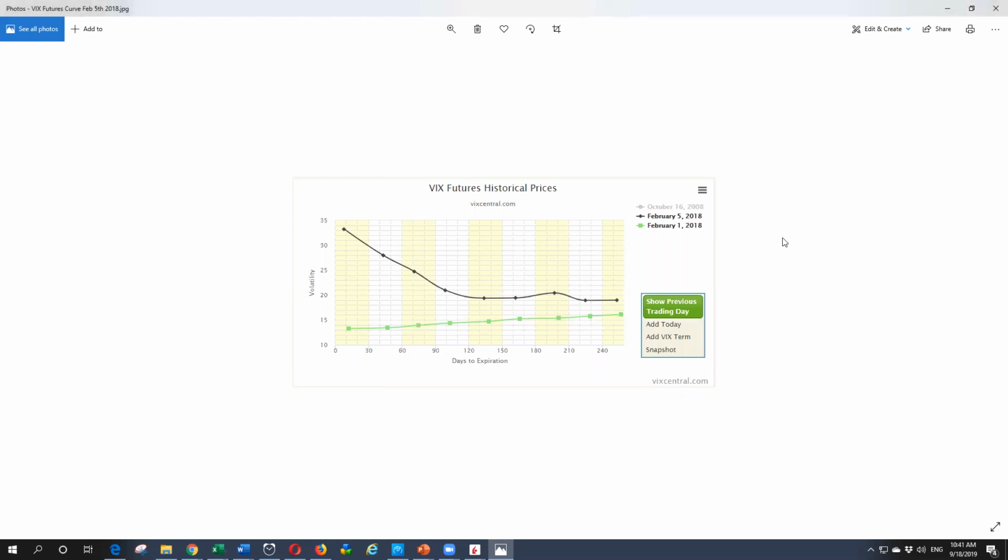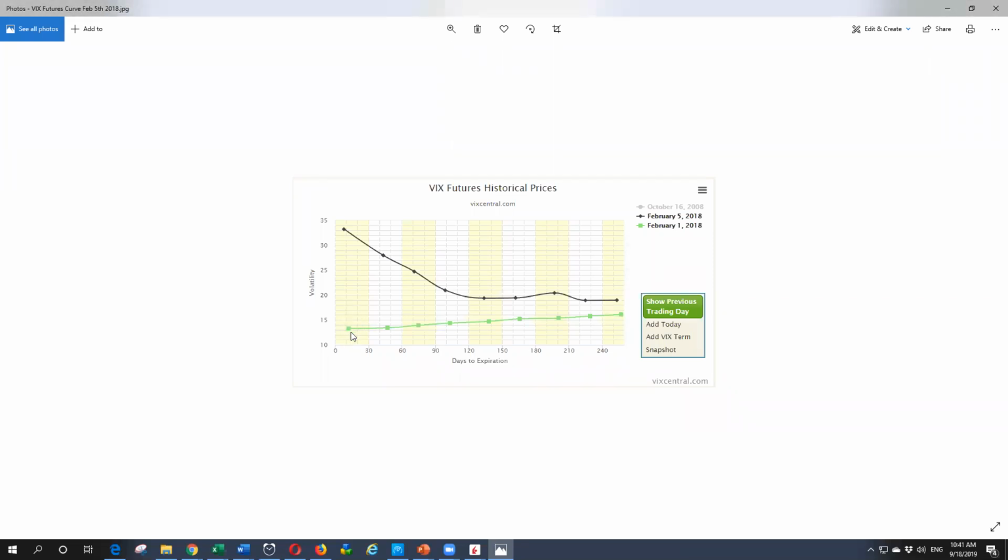Volatility jumped about 115%, highest spike ever for the VIX. I think the previous high was like 60 or 65%. A couple of volatility ETFs went bust. It was a big disaster, right? So basically what this chart is showing us is option prices at the front of the curve.